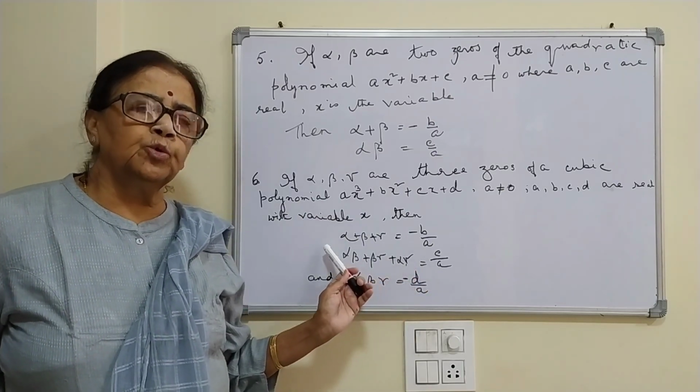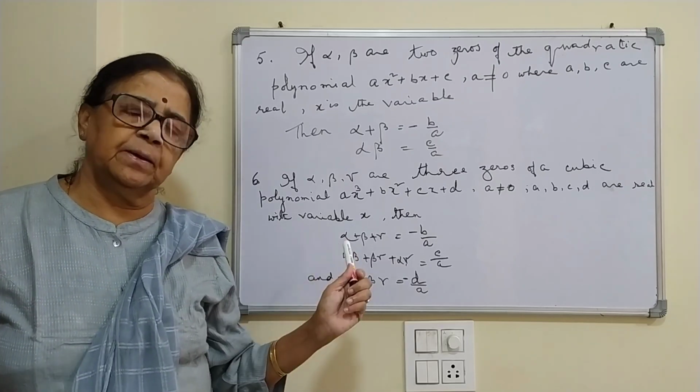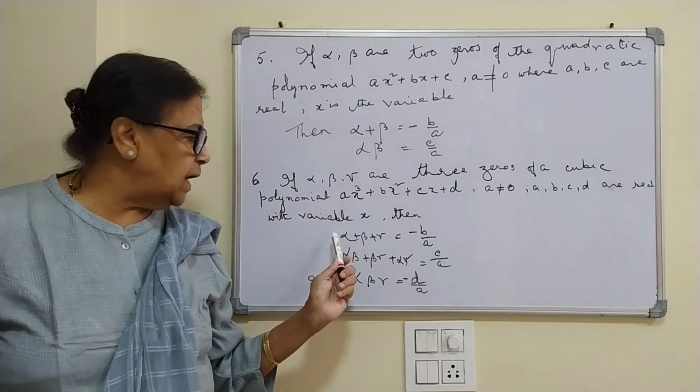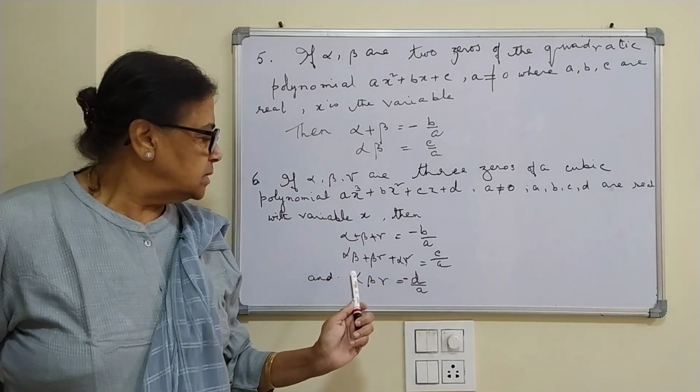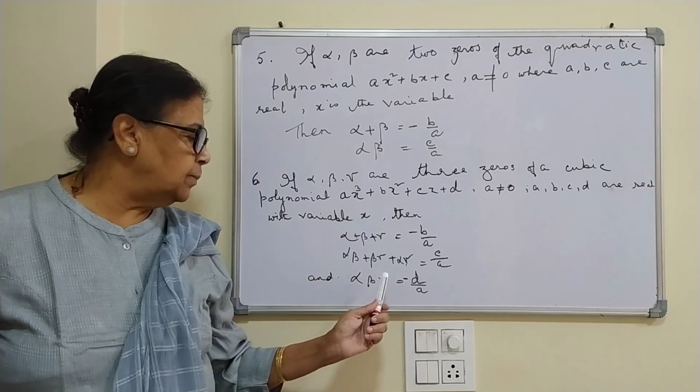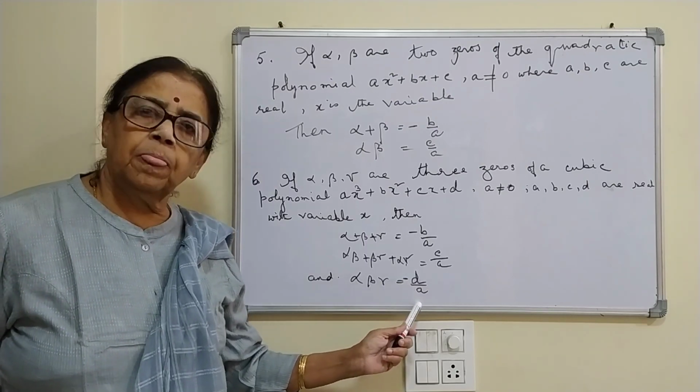That is, the product of two roots taken at a time, and we add them. Then alpha beta gamma, the product of the 3 roots, will be minus d by a.